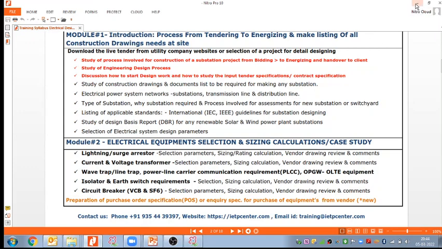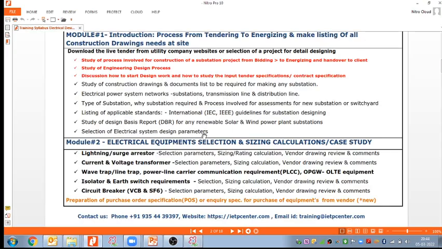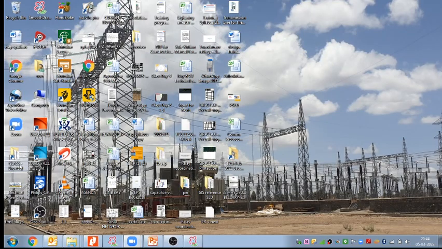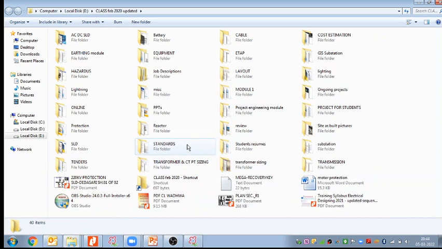So let us quickly revise the discussions. Let me take the side picture of the substation, because that is the reference of the discussion.